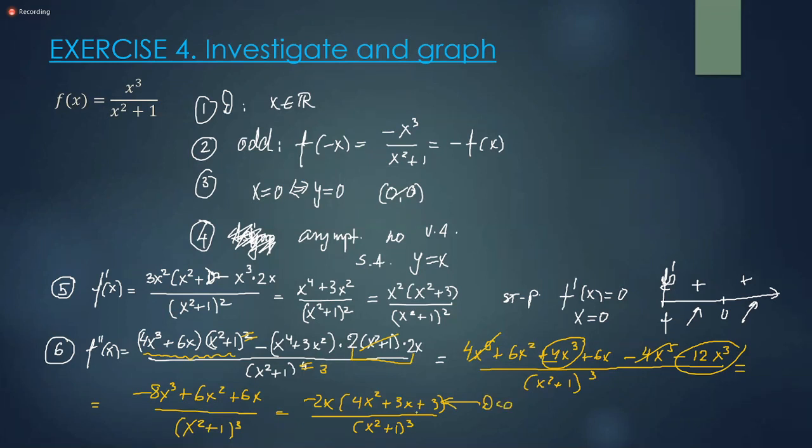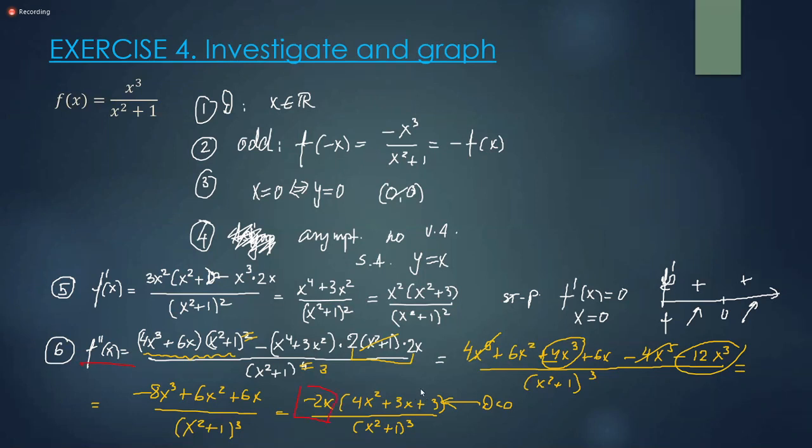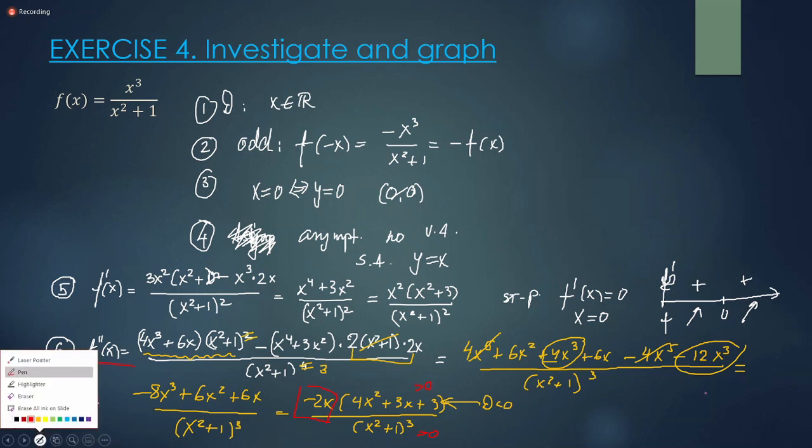Which means that there's only one critical point. This is always positive, and the denominator is always positive because it's a positive number cubed. So basically, the sign is defined only by minus 2x. The sign of the second derivative depends only on this, because this is positive for all x values. So now we see we can.